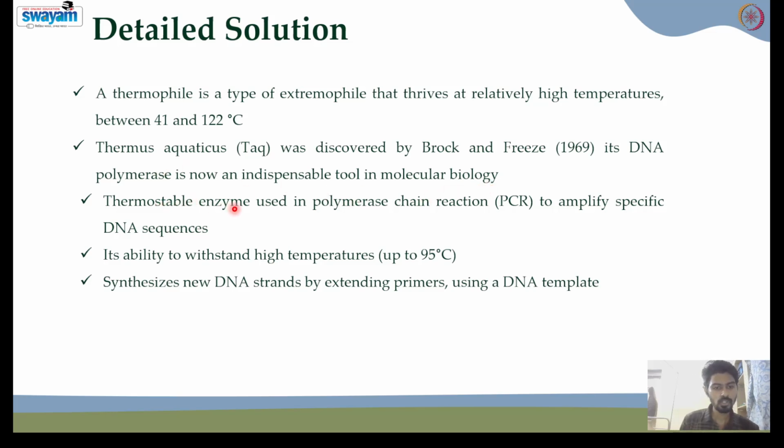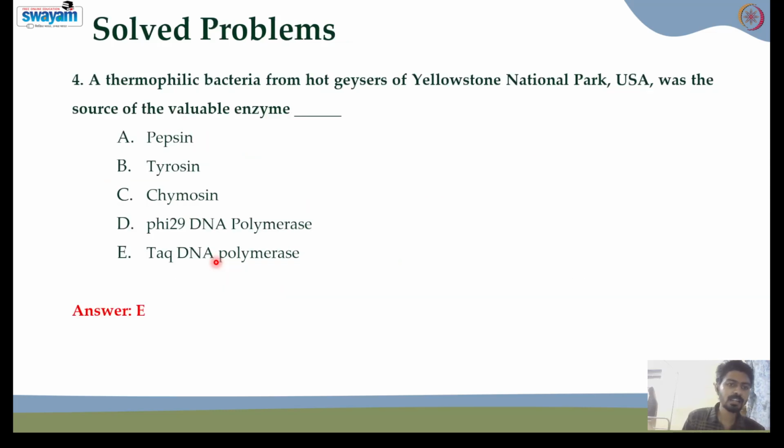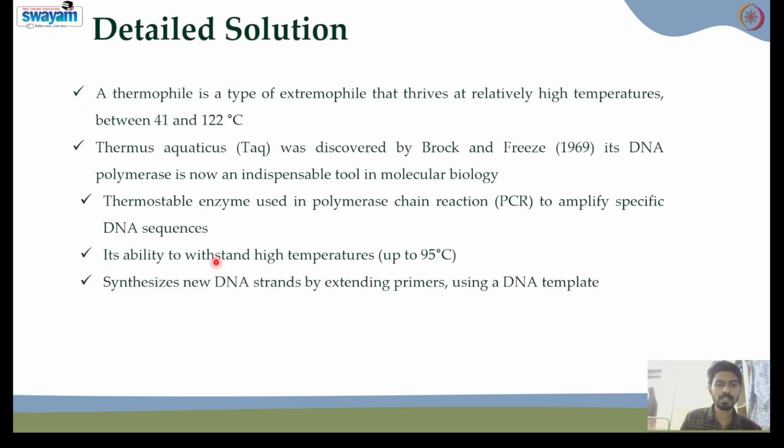This is one of the thermostable enzymes used in the PCR reaction to amplify DNA sequences, and its special property is that it can withstand temperatures up to 95 degrees Celsius. So this is from the thermophilic bacteria, and the answer is Taq DNA polymerase.